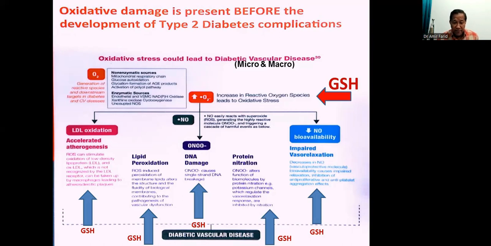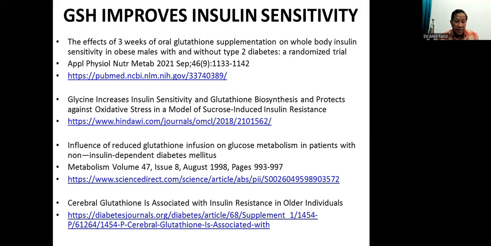Okay, what's relevant to us is that glutathione is found to be able to protect or reverse the damage caused through almost all the different types of harmful molecules. These are some references of studies that show that glutathione improves insulin sensitivity.